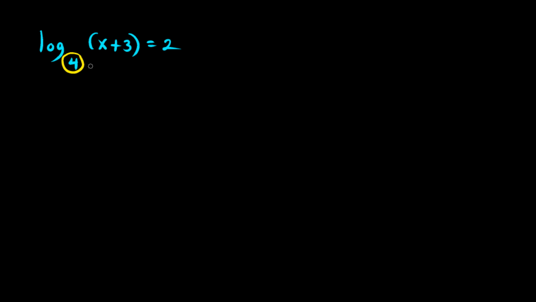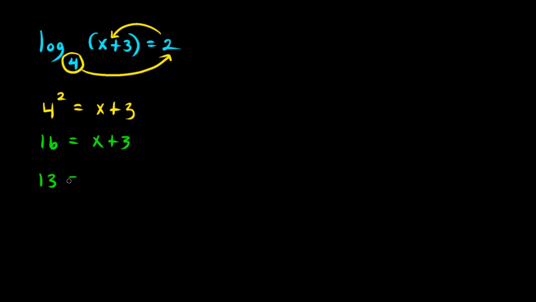Then write it in exponential form. So we would have 4 squared equals x plus 3, which is 16 equals x plus 3. And then when you subtract 3, you get x being 13.